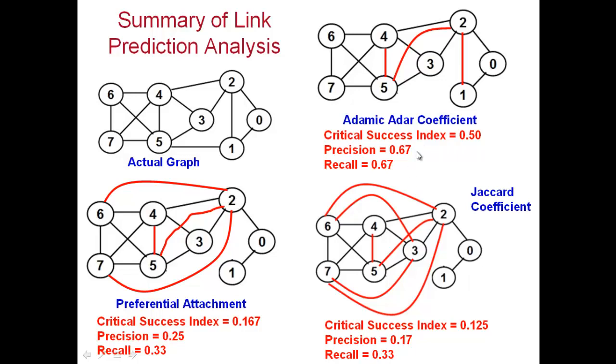So precision is again largest for Adamic-Adar. Recall is also the largest for Adamic-Adar. So all the values are at least 0.5 or above, whereas here you see all the values are less than 0.5. As I said, for all the 3 performance metrics, we try to get as close to 1 as possible. And in that sense, Adamic-Adar is the best for this graph.